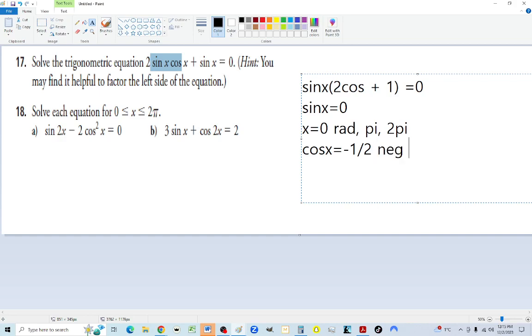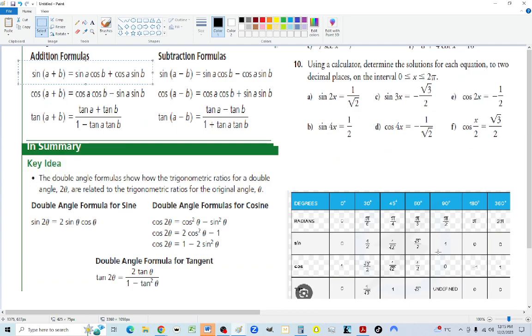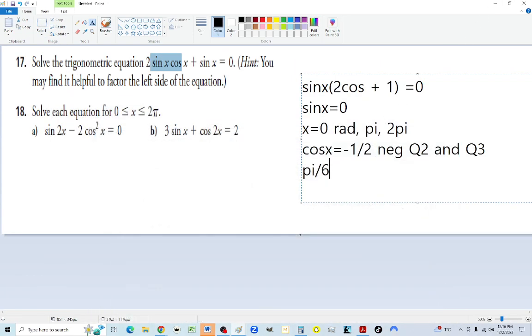Negative means we're talking about quadrants 2 and 3. In quadrant 2, that's pi minus pi over 3, which is 2 pi over 3. And in quadrant 3, that's pi plus pi over 3, which is 4 pi over 3. So those are the two possible solutions for that one.